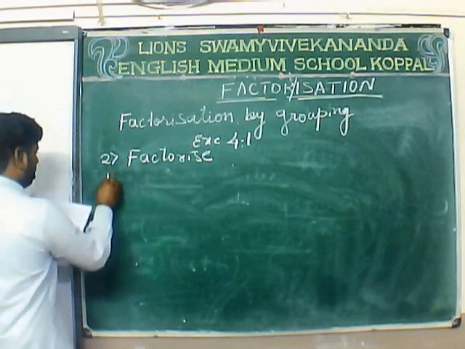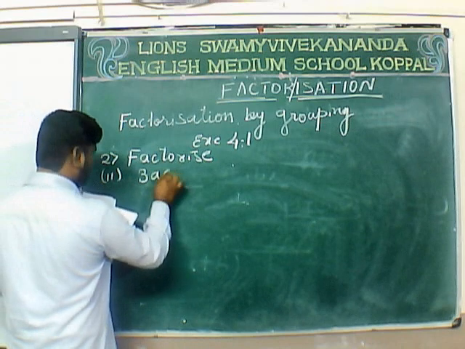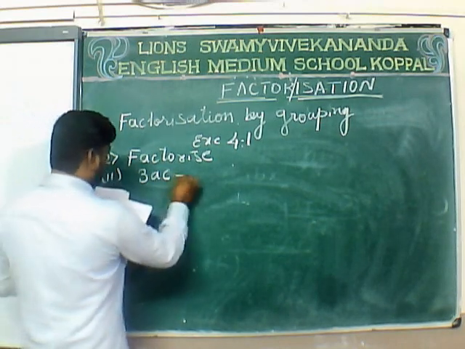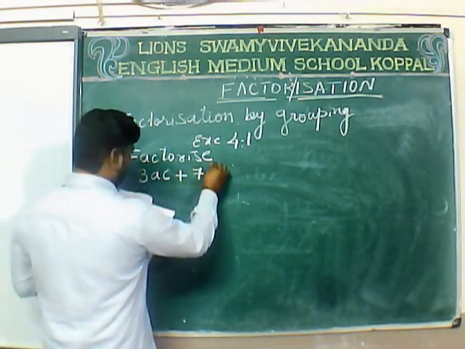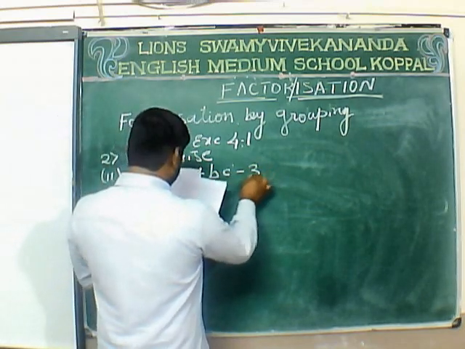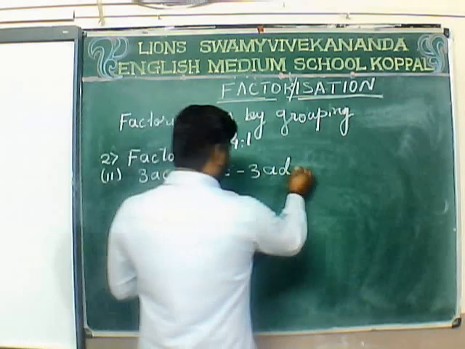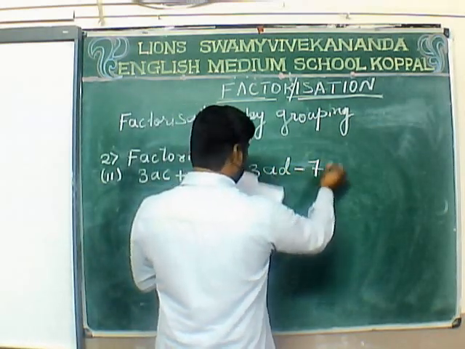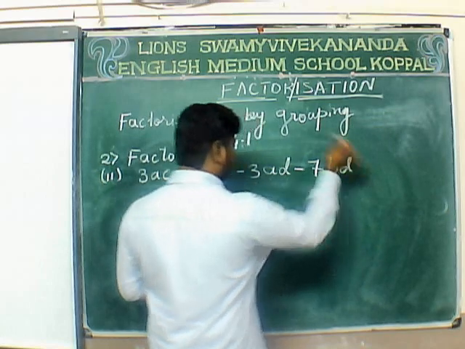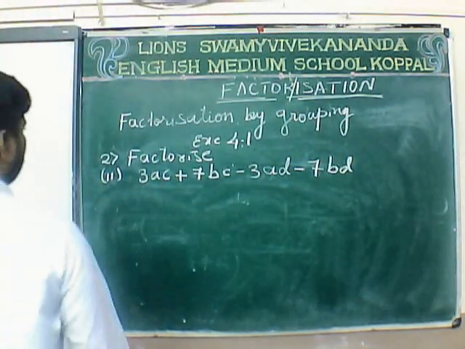So the second problem is 3ac plus 7bc minus 3ad minus 7bd. So my dear students, what method are we learning here?